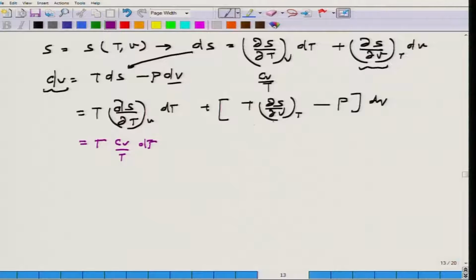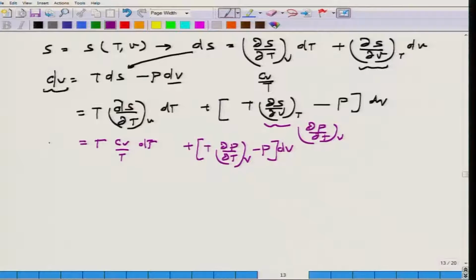And here at this point I am going to make use of the Maxwell relation, which tells me that del S by del V at constant T is nothing but del P by del T at constant V, and thus the following expression would be CV dT plus T del P by del T at constant V minus P dV.